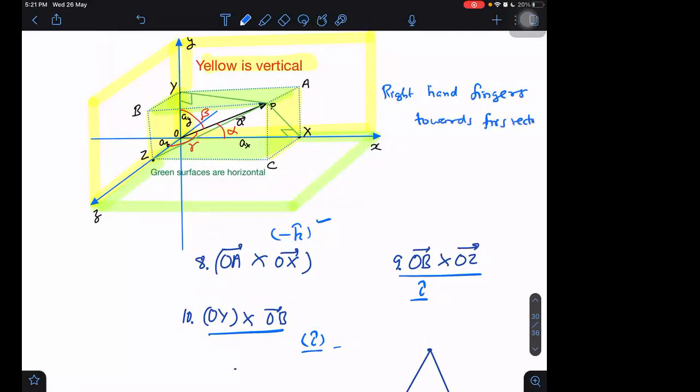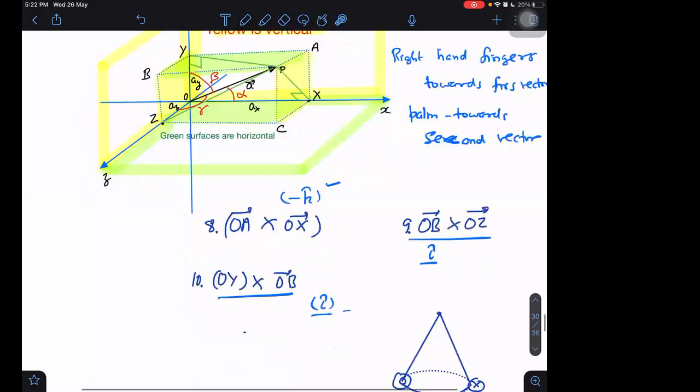After that, the palm should be pointing towards the second vector. Then you curl the fingers of the right hand so that they form an arc, forming the angle. After that, see where your thumb is pointing. Open your thumb, and it will be pointing towards I cap. You can observe it, so it is right that its answer is I cap.